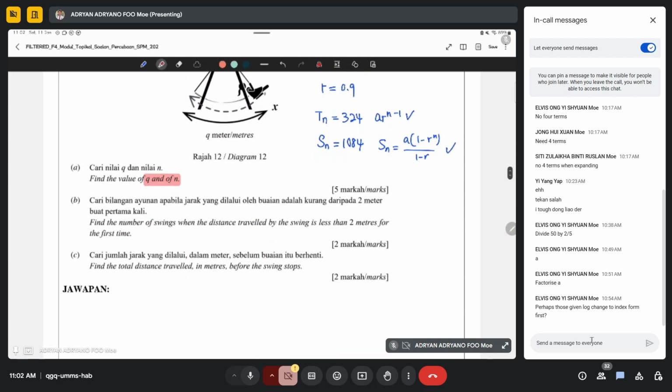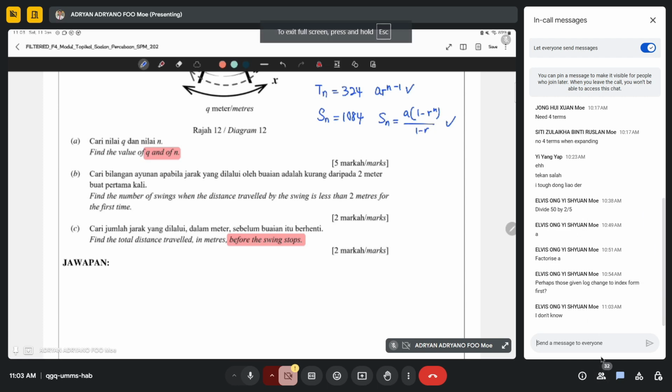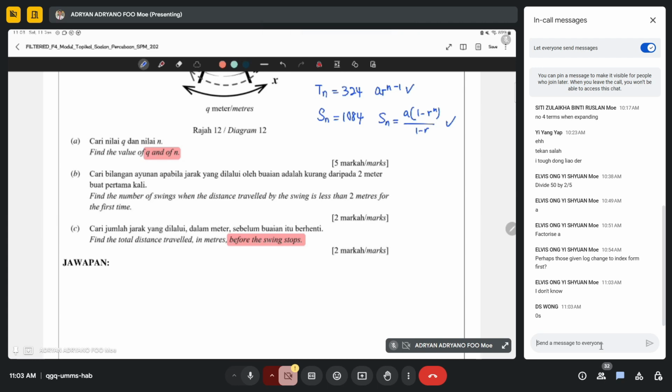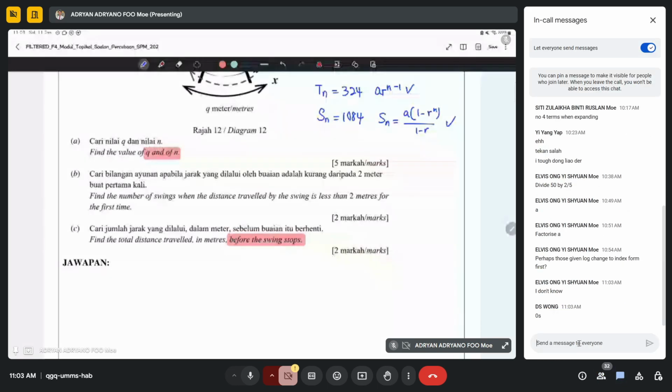Alright. And then I think the rest you can try on your own, except for C. Find the total distance traveled before the swing stops. What does before the swing stops mean? Let's say I ask you, when you play on a swing, do you know when the swing stops? Can anyone answer? Yes or no question? Do you know? Okay, not really. You do not know why? Okay, you do the experiment, take a string and tie a ball to it and let it hang. You will find that you count 10, 11, but toward the end, what you cannot see is it swinging slightly, but that also counts as oscillation. So we don't know when the swing stops.